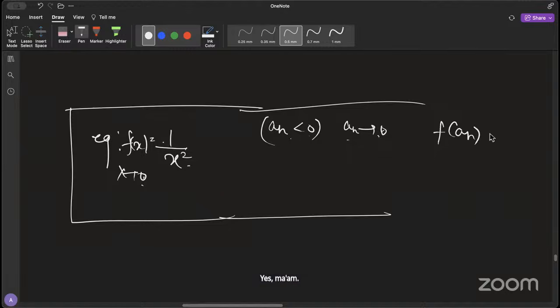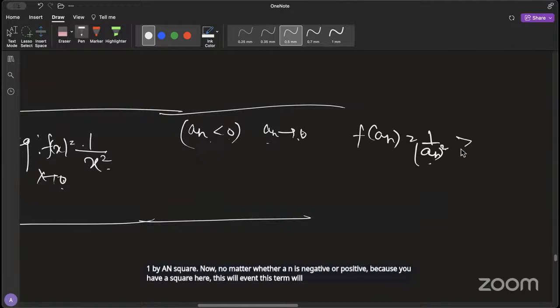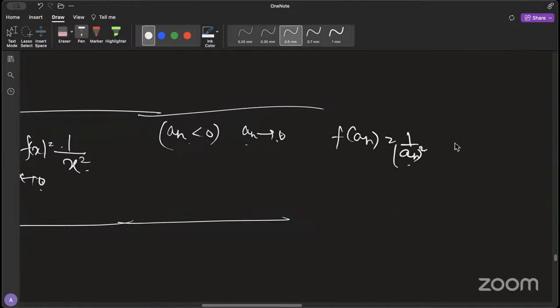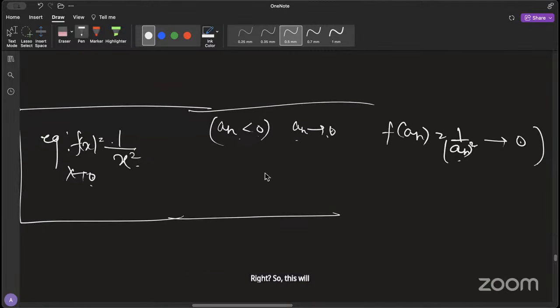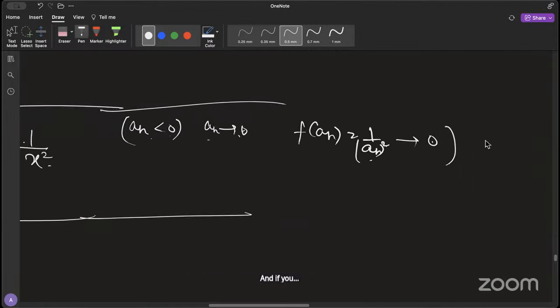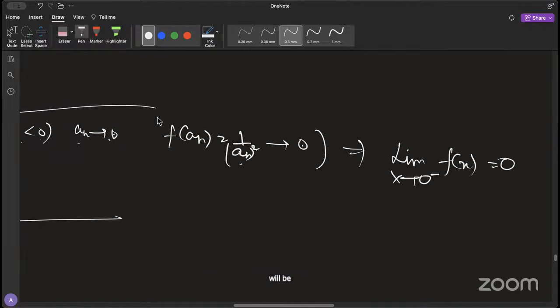So if a_n is tending to 0 and a_n is less than 0, then f(a_n) will be 1 by a_n square. No matter whether a_n is negative or positive, because you have a square here, this term will be greater than 0.